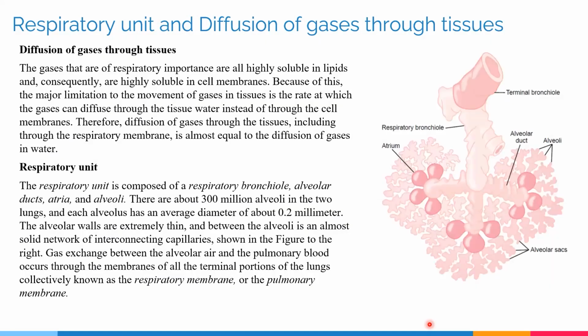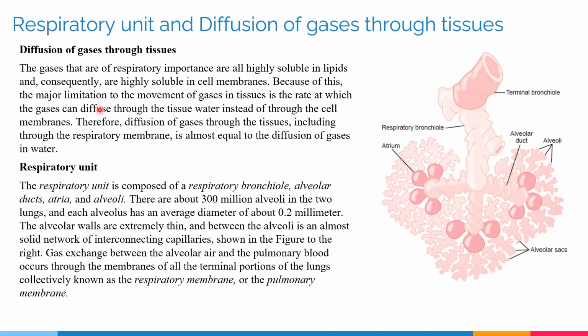Next, we look into the respiratory unit and the diffusion of gas through tissues. A schematic representation of the respiratory unit is given here. First, we look into diffusion of gases through these tissues. The gases of respiratory importance are highly soluble in lipids, and consequently they are highly soluble in cell membranes.